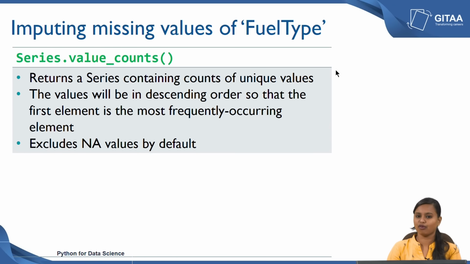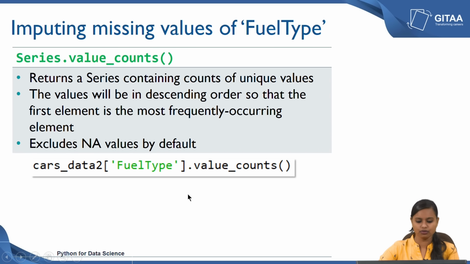For that there is a function called value_counts that can be applied onto a series, and value_counts basically returns a series containing counts of unique values. The output of the function will give you the values in descending order, so that the first element is the most frequently occurring element, and it gives you the frequencies of each category by excluding all the NA values by default. So, we do not need to remove the missing values and then get the frequencies. By default it excludes all the missing values.